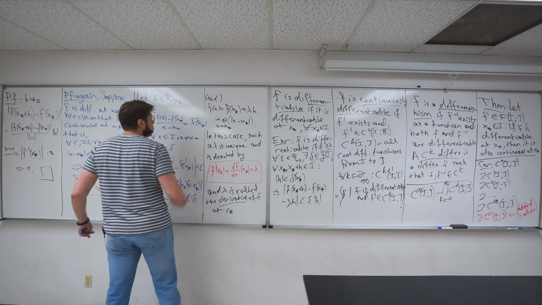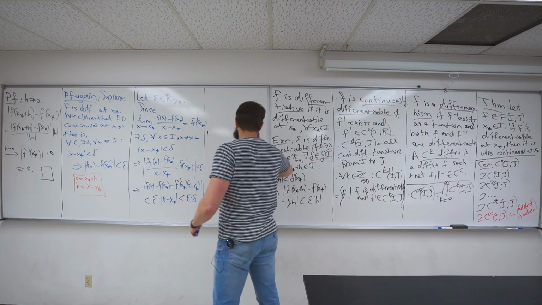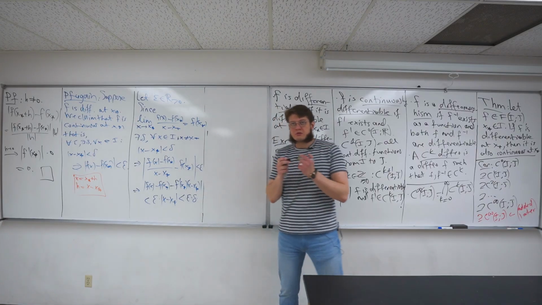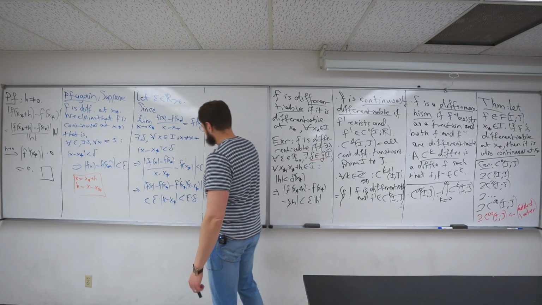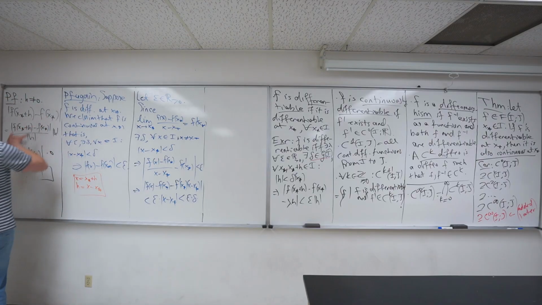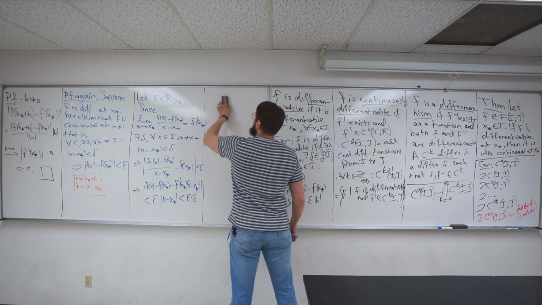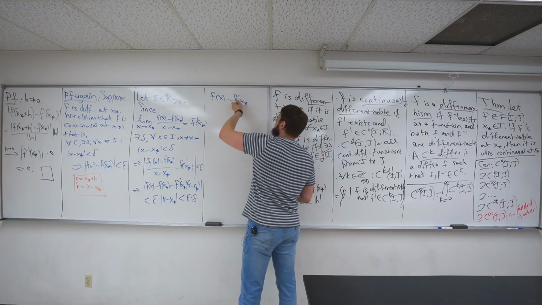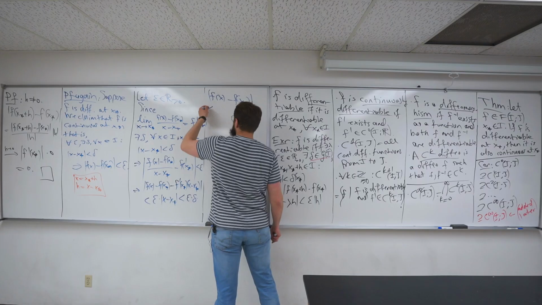And so, question? No? Okay. So what do I need to control? I need to control this guy, or this guy rather. Start with that. Subtract and add this term, and then use the triangle inequality.